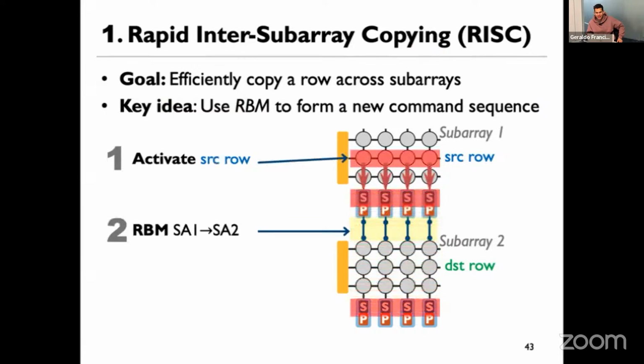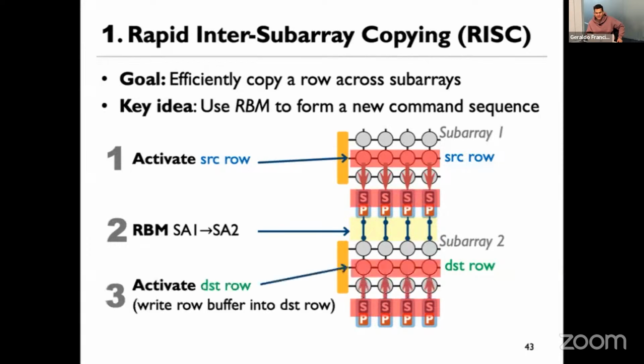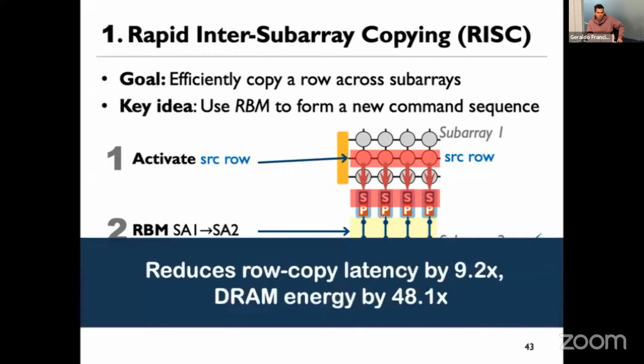Then we issue the RBM operation that connects the isolation transistors from subarray 1 to subarray 2. Then we activate the destination row in subarray 2, which allows us to copy the data in the local amplifier of subarray 2 to the destination DRAM row.